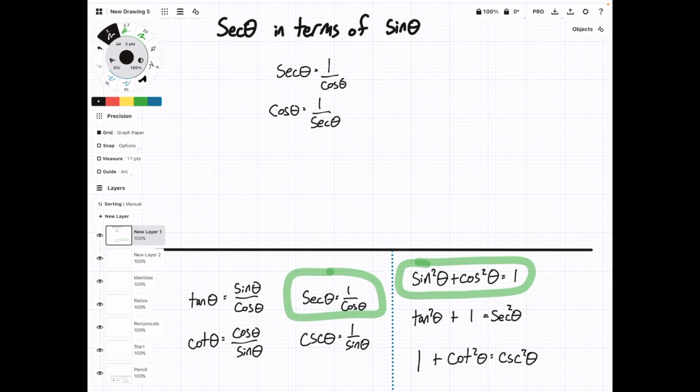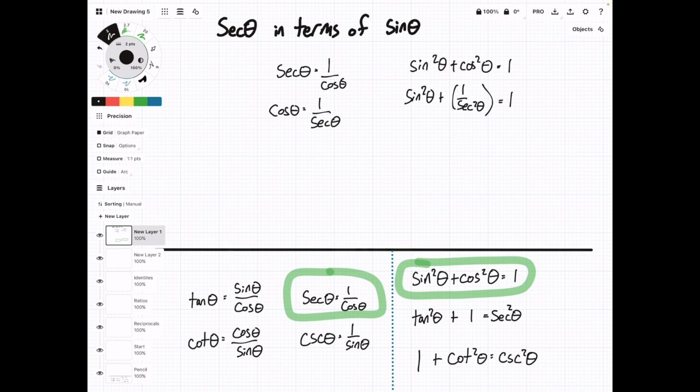And then we're going to plug it into this identity here. So we'll write the identity out: sine squared theta plus cosine squared theta equals 1. And then we're going to replace cosine squared theta with 1 over secant squared theta.